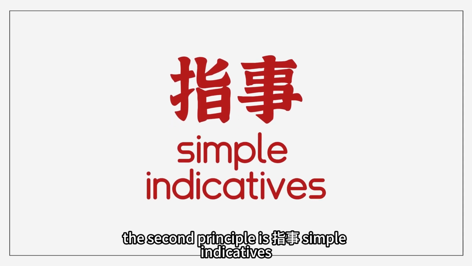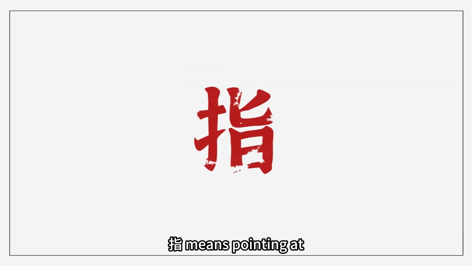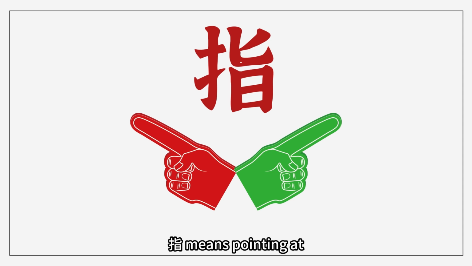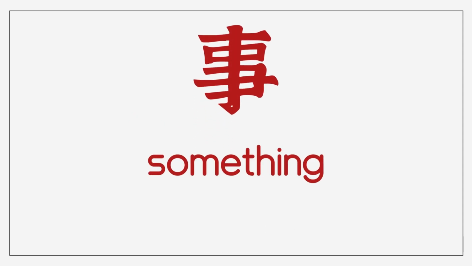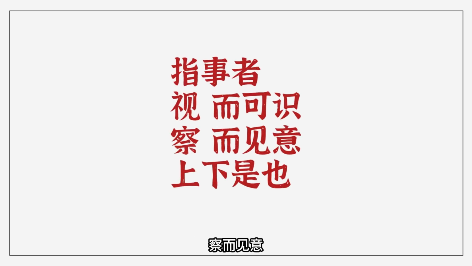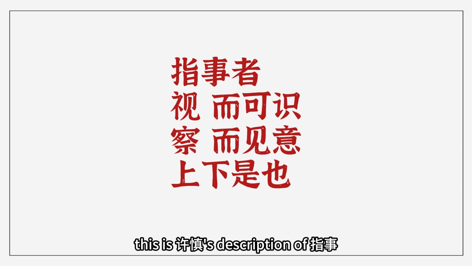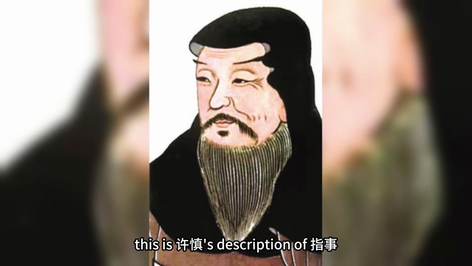The second principle is 指示, simple indicatives. 指 means pointing at. 示 in this context means something. 指示者，视而可识，察而见义，上下是也. This is Xu Sheng's description of 指示.